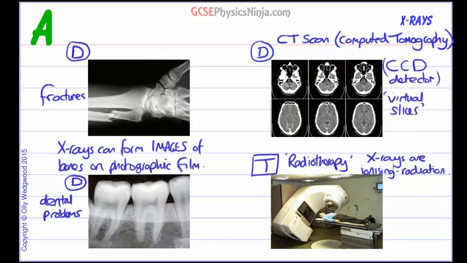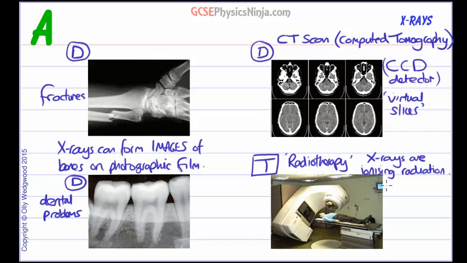And that means that they can knock electrons out of atoms, and they can actually kill living tissue. Now, that can be a good and a bad thing. In the case of the CT scan, we want to keep the dose of X-rays to a minimum because we don't want damage of living tissue.